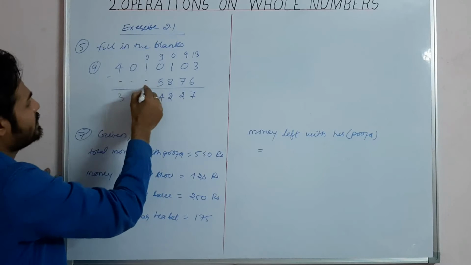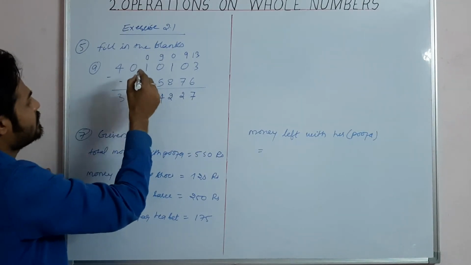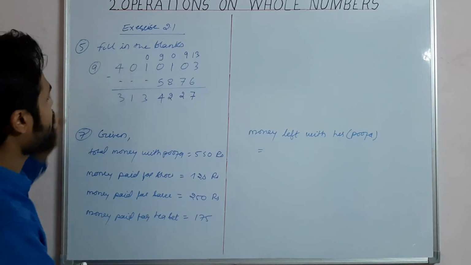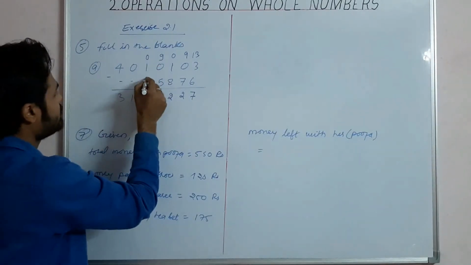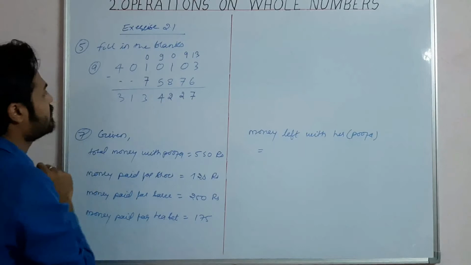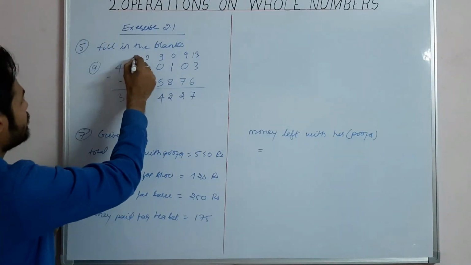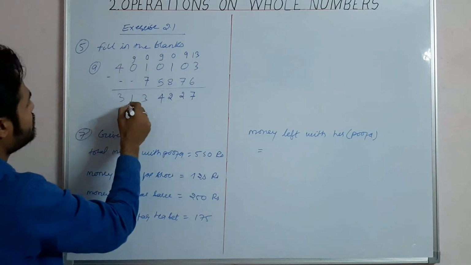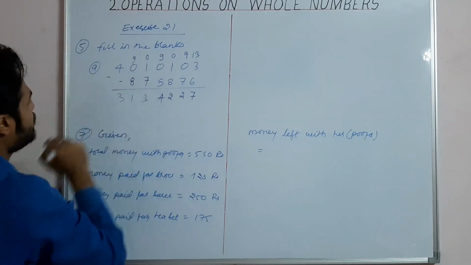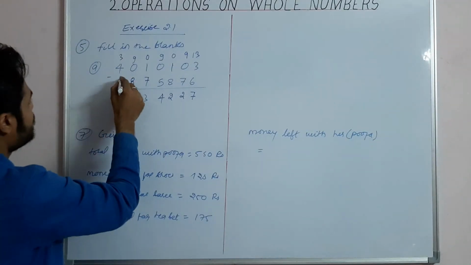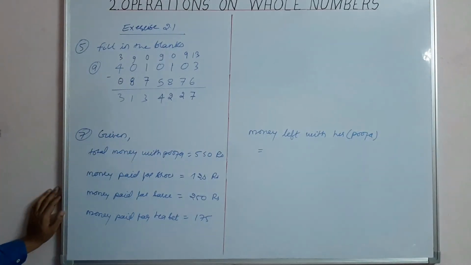So for finding this value, we can subtract 3 from 10. So 10 minus 3 is 7. 7 will be the missing value. Here again 0 becomes 9. Now 9 minus 1 is 8. And here 4 becomes 3. So 3 minus 3 is 0. So these are the missing numbers.